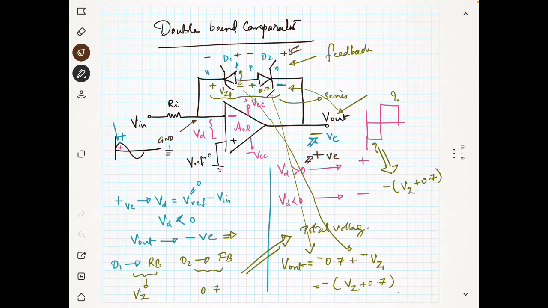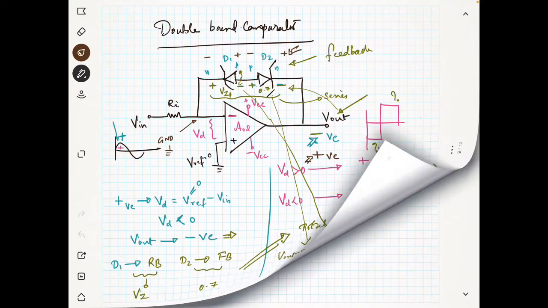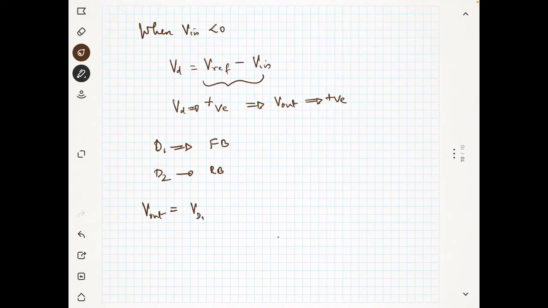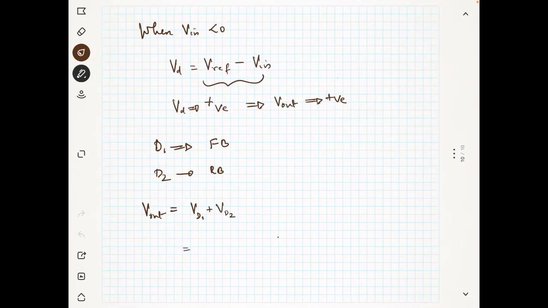Now you know that the voltage across D1 is, okay, fine. The voltage is nothing but the voltage across D1 plus the voltage across D2. How much? Voltage across D1 is plus, sorry. D1 is plus 0.7 because this is forward bias, and this is Vz2.